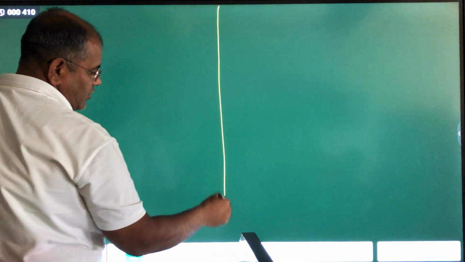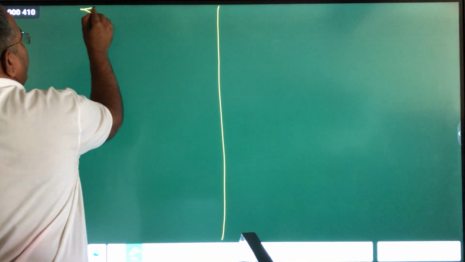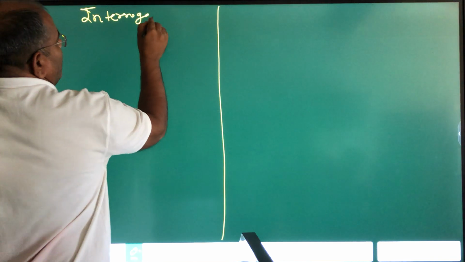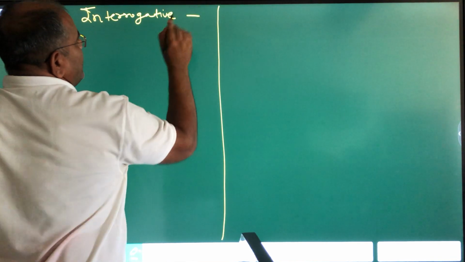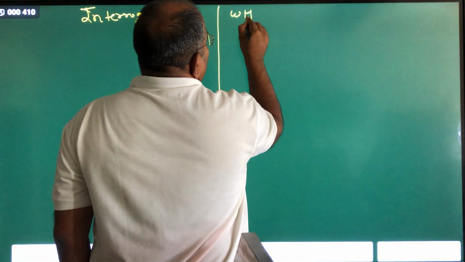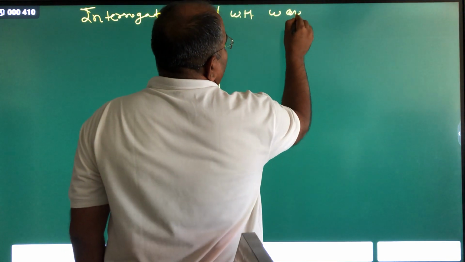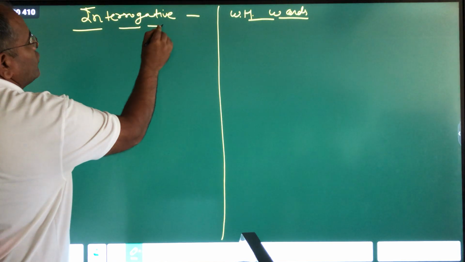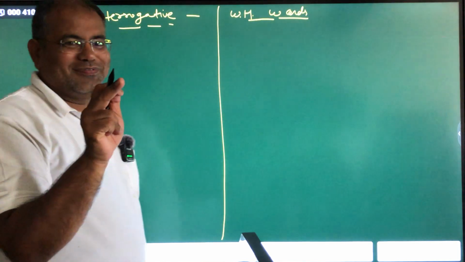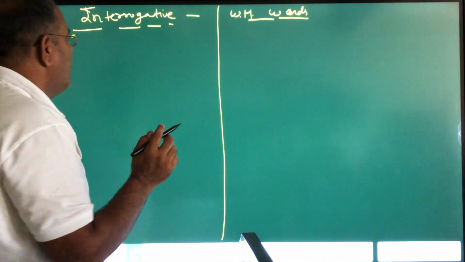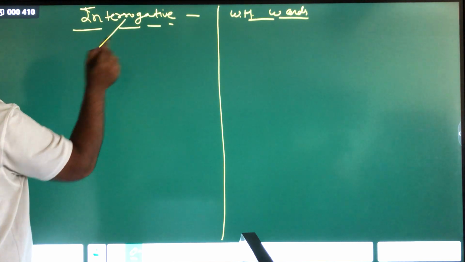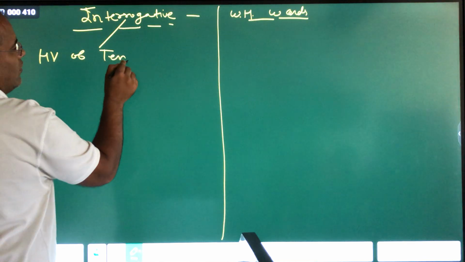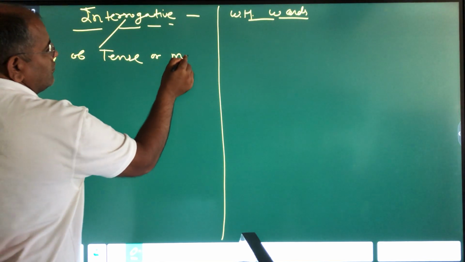Guys, first we have to talk about the interrogative sentence, and second, the WH words. Interrogative sentences always ask for yes or no. An interrogative sentence always starts with a helping verb of the tense or a modal.